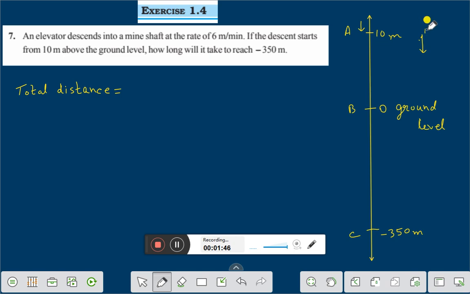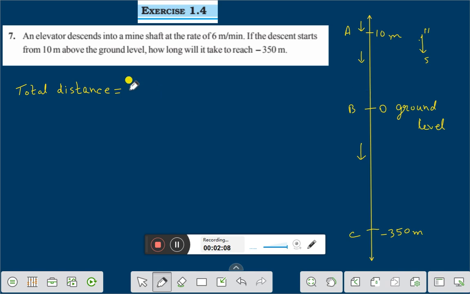This is north and this is south direction. It is going in the same direction, therefore you take this 10 meter as negative, because it is also negative and this is also negative. From ground level it is going to minus 350 meter, means down, and from 10 meter it is going in this direction, that means the same direction.